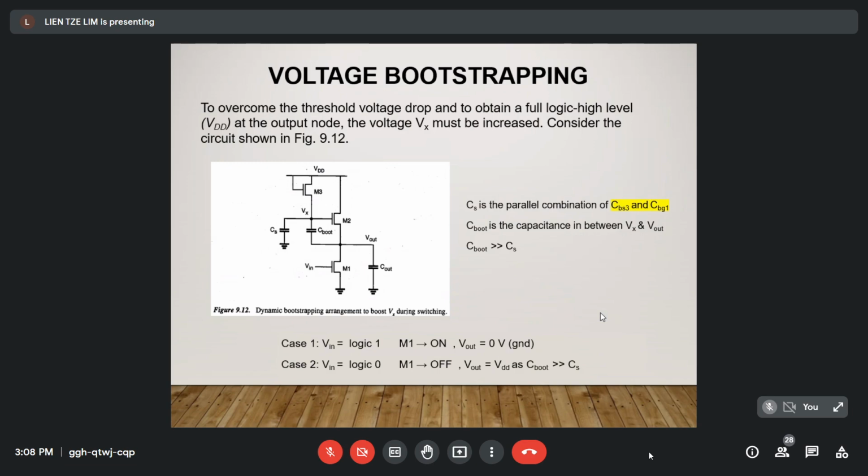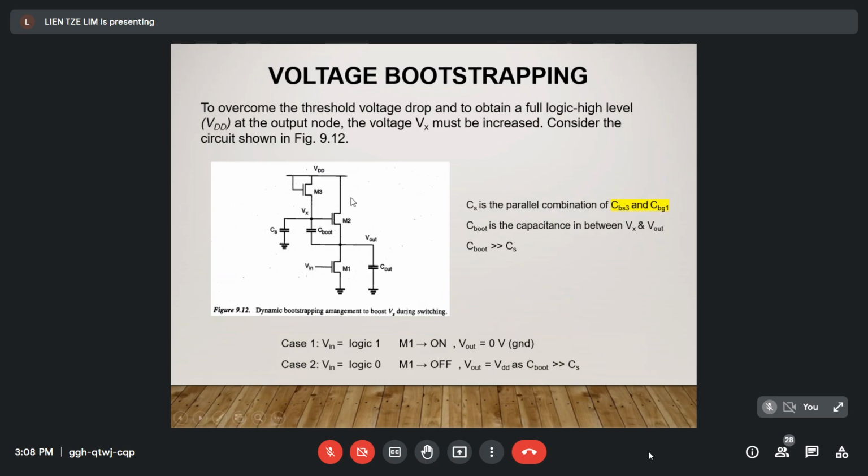There is another modification of the circuit using a capacitance. An additional capacitance is added at the input of the transistor, together with another transistor M3, which is connected to VDD.